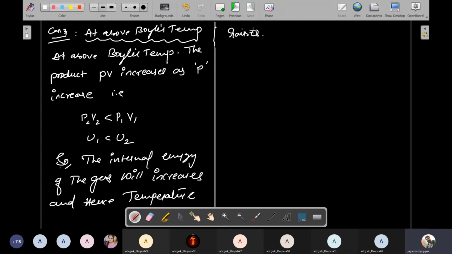So this is nothing but a heating effect. Understand? Heating effect.